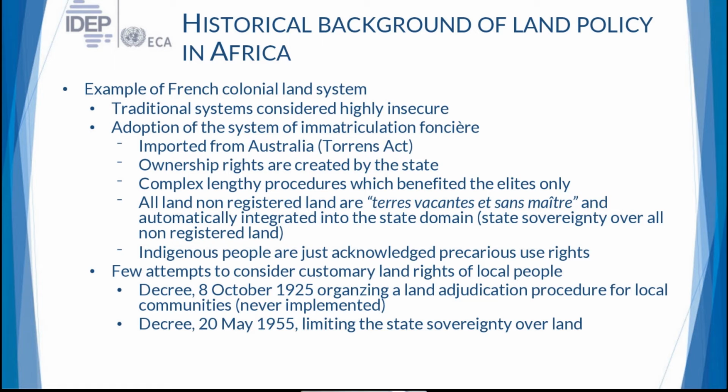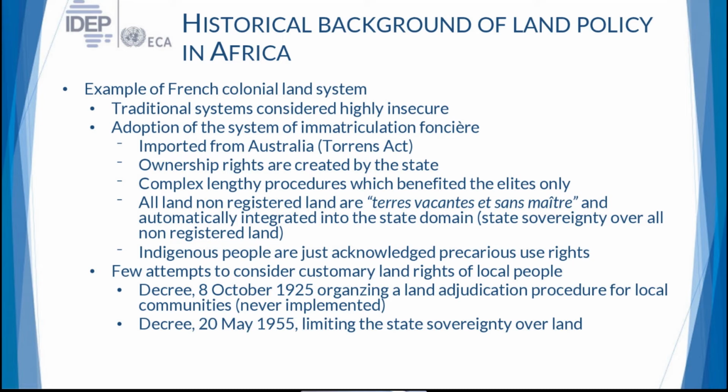And therefore, those terres vacantes et sans maître are systematically and automatically integrated into the state land domain. So this is one of the origins of the state sovereignty over land that we know in so many countries in Africa, mainly Francophone countries.